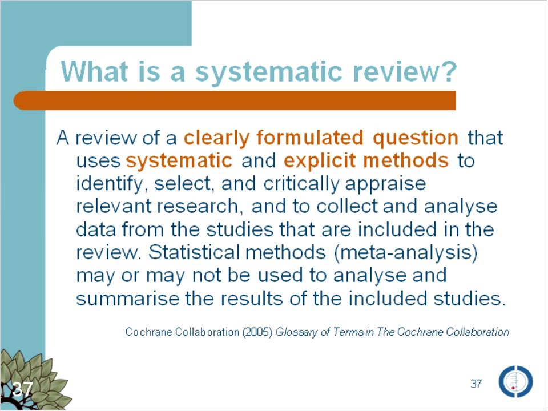And why is this important? Well, it should guide the rest of your review. You need to know upfront exactly what you want to investigate, and everything else that you do should flow out of that clearly defined question. And this is what the end user will use to determine if the work that you've done is relevant. And I think that just makes sense.